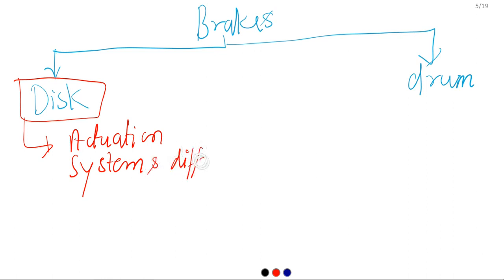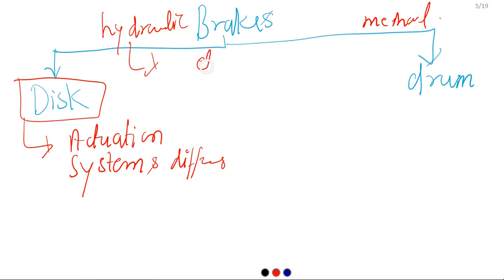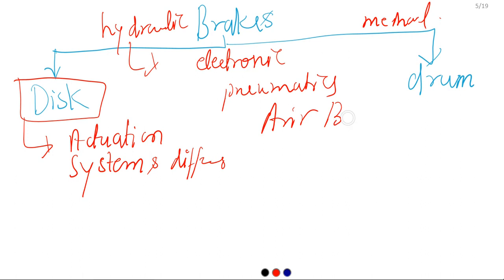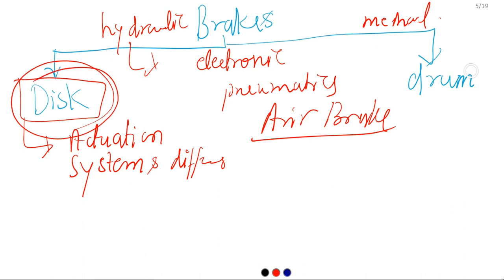you can write it like this: it may be mechanical, maybe hydraulic, maybe electronic, maybe pneumatic, maybe pneumatic brakes, maybe air brakes, but understand the ultimate thing is how the force is converting into the friction.